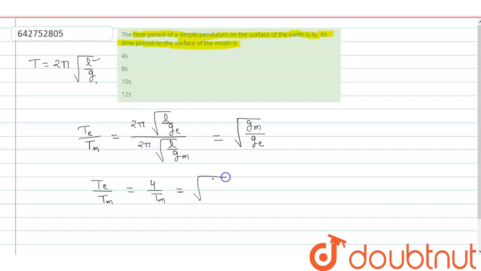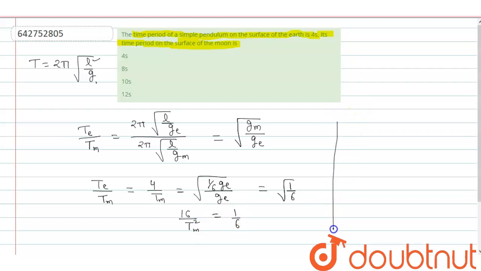Acceleration due to gravity on the surface of Moon is 1/6 the acceleration due to gravity on Earth. So it becomes root 1 divided by 6. After squaring on both sides, it becomes 16 divided by Tm square is equal to 1 by 6.